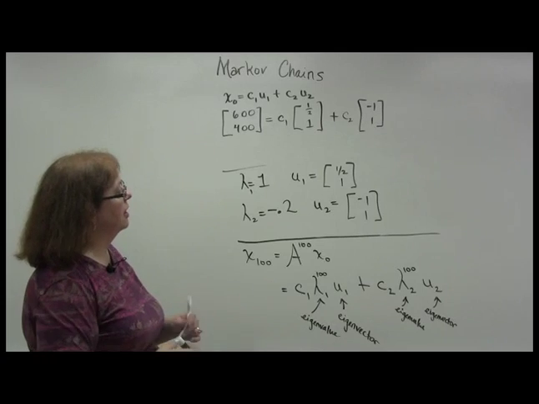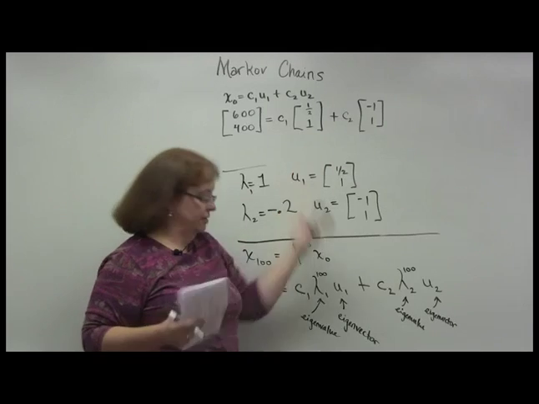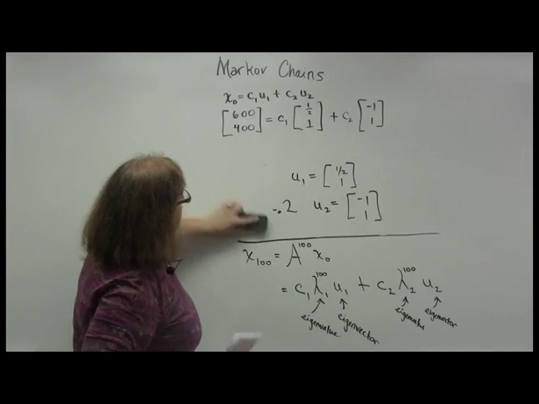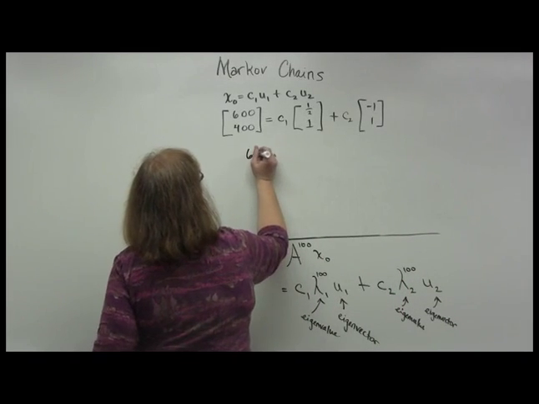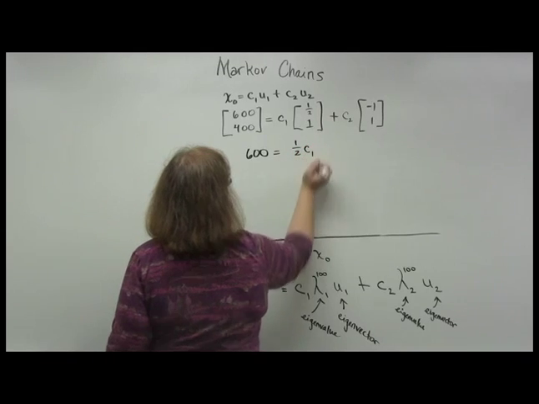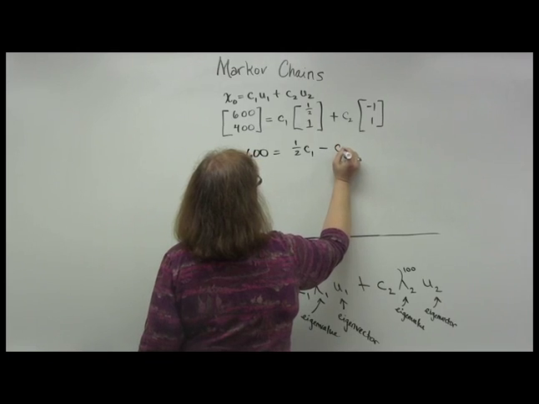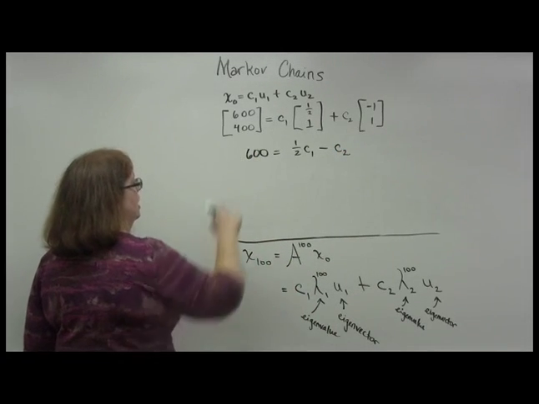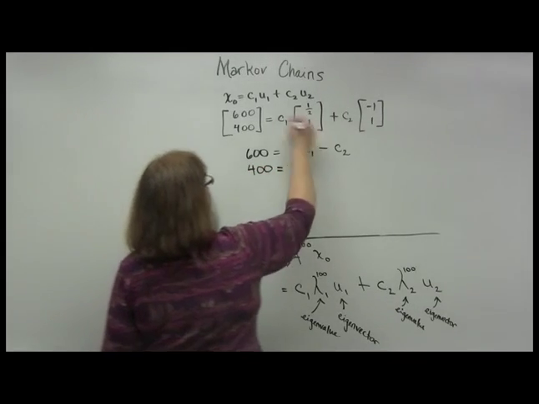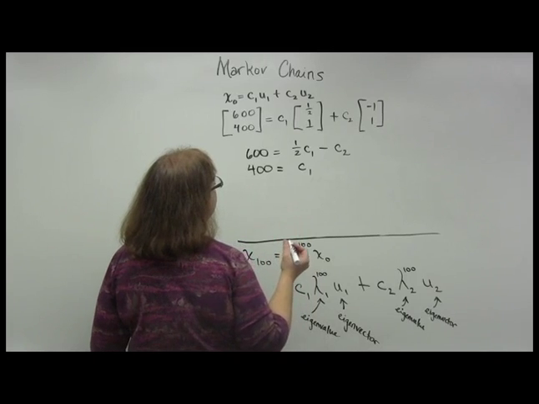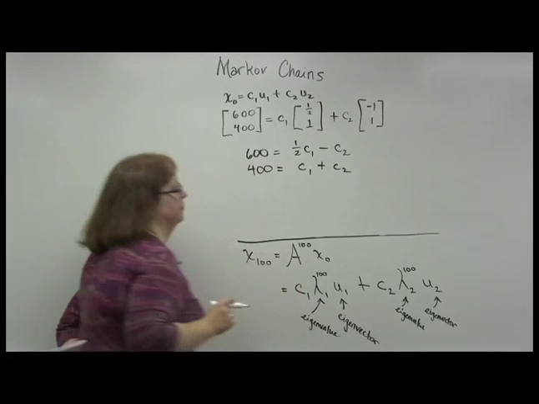If you remember how to multiply a constant by a vector, and how to add vectors together, this just gives me equations. It essentially says 600 equals 1/2 C1 plus negative 1 times C2, in other words, minus C2. And along the bottom row, I get 400 is C1 plus C2.